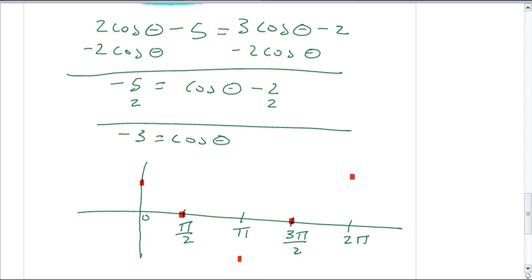And so basically, let me go ahead and write my amplitude here. You get a sketch that looks like this.